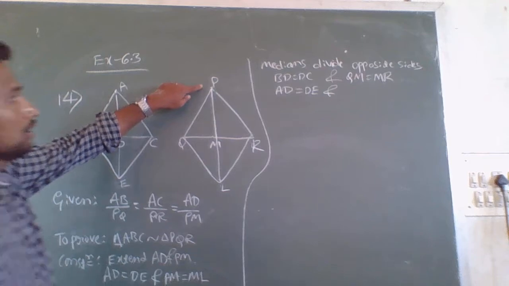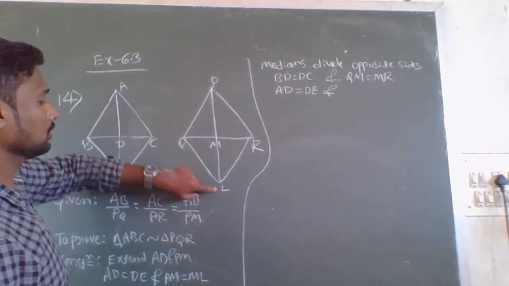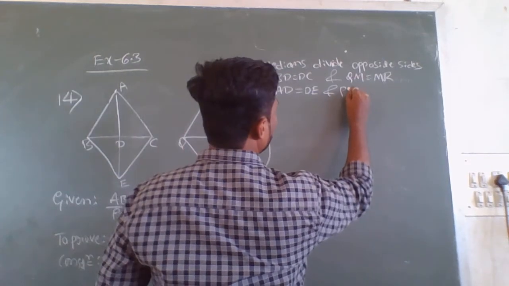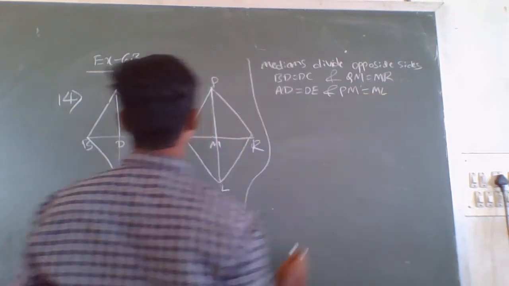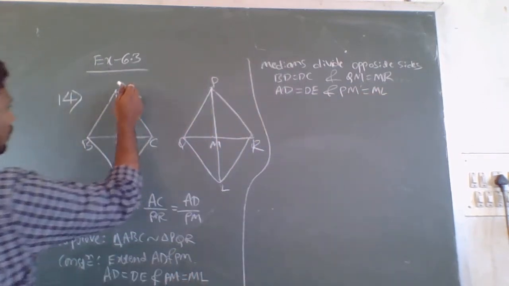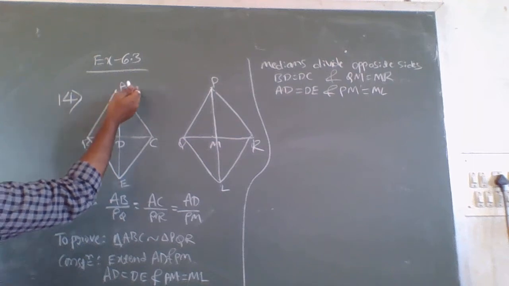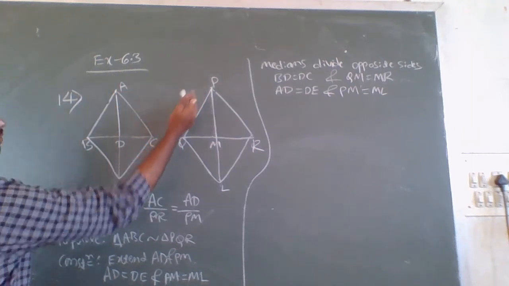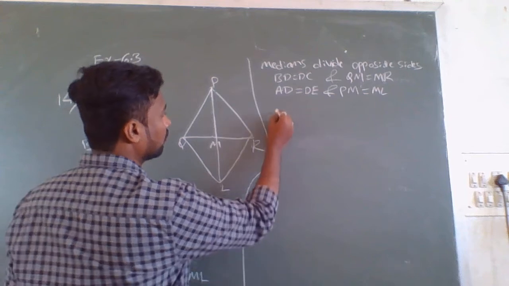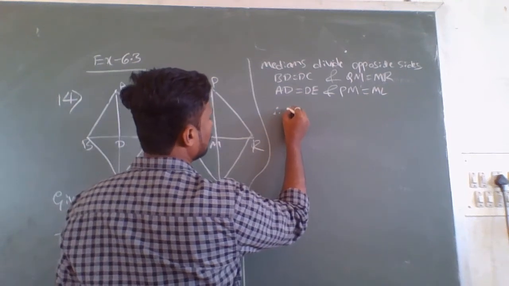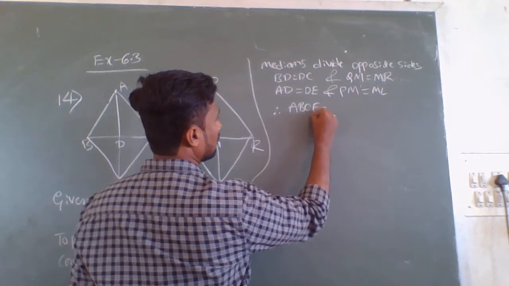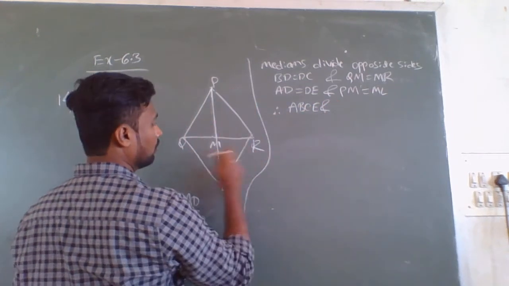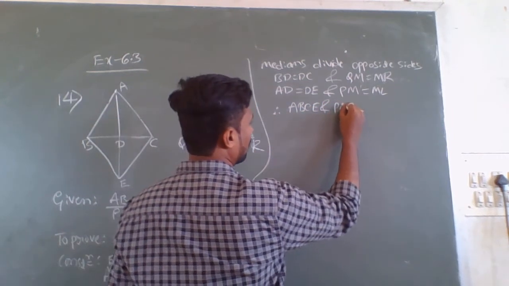In the same way, PM is equal to ML. So now I can consider these two quadrilaterals as parallelograms, because ABEC and PQLR are parallelograms.